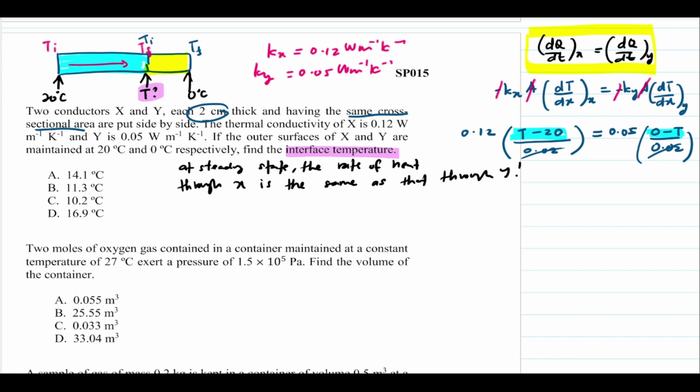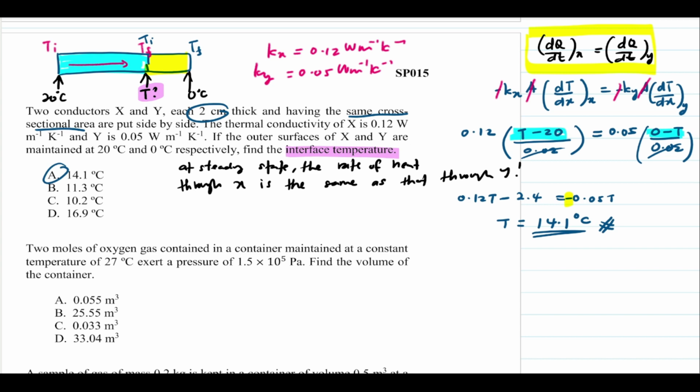So dia akan jadi 0.12 T minus 2.4 equal to negative 0.05 T. Okay, so kiralah T you akan dapat 14.1 degrees Celsius. Okay, so jawapan dia A. Ini ada negatif tau yang tertinggal.